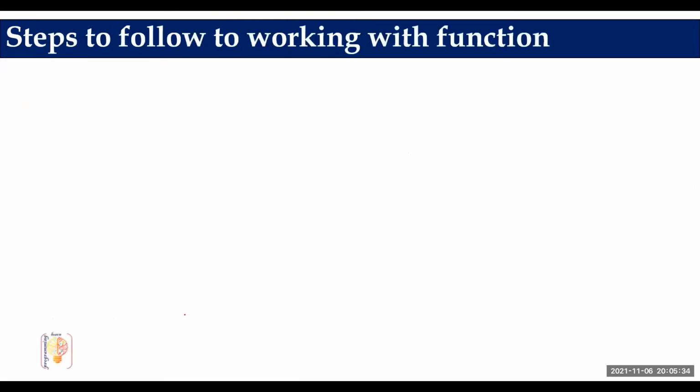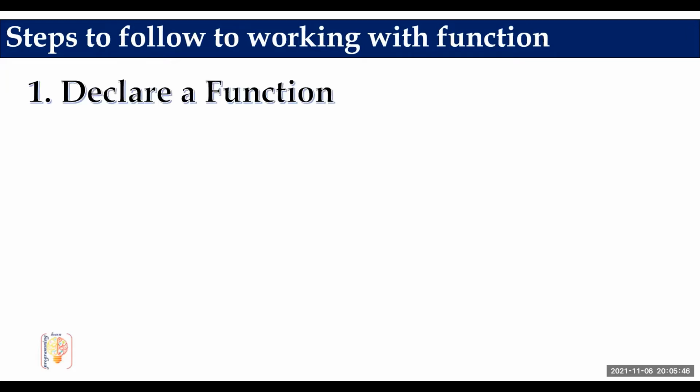Next. Now let's see what steps we need to follow in a C program to work with functions. Step number one, we need to declare a function before we use it. Definitely, because in C programming, suppose you want to write A equal to 10. The compiler will first look whether it is declared or not.